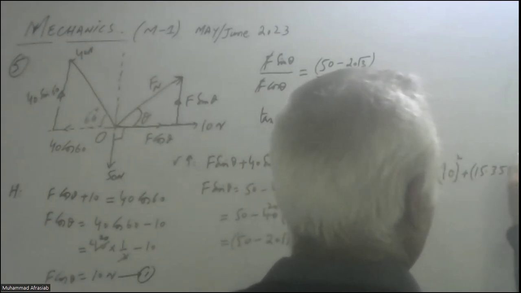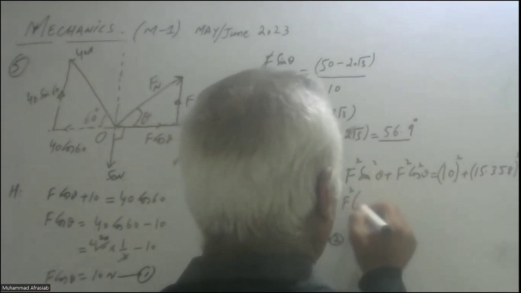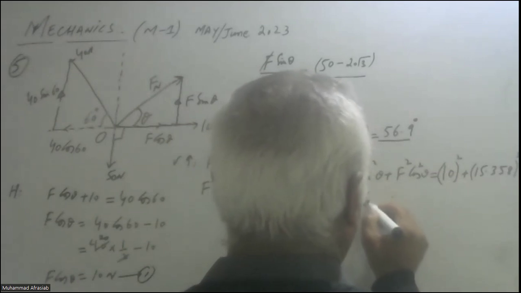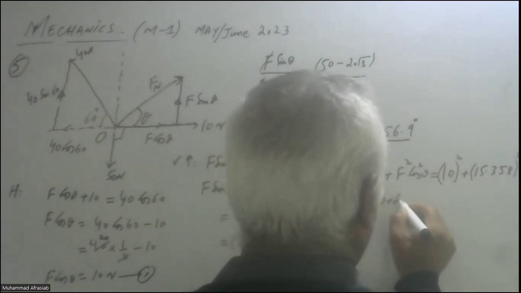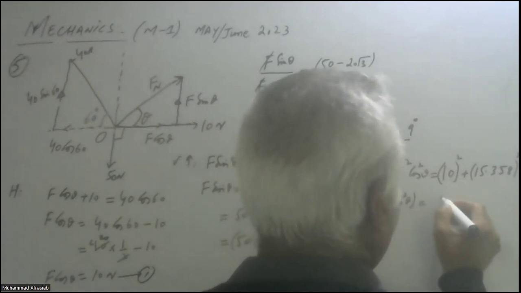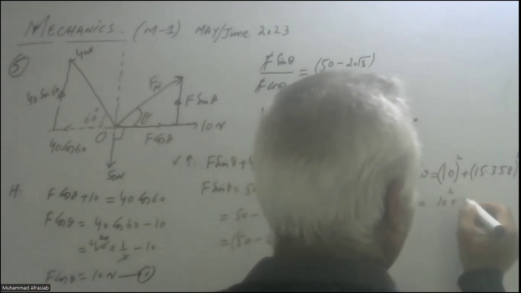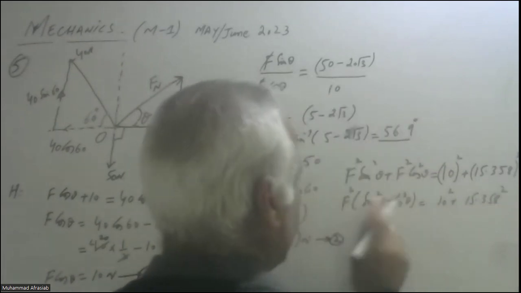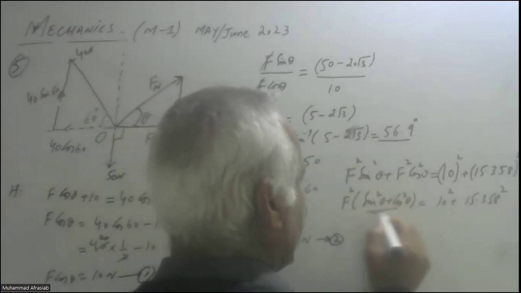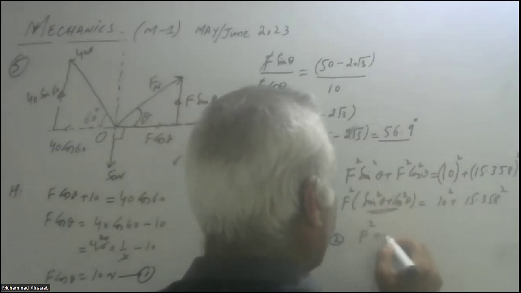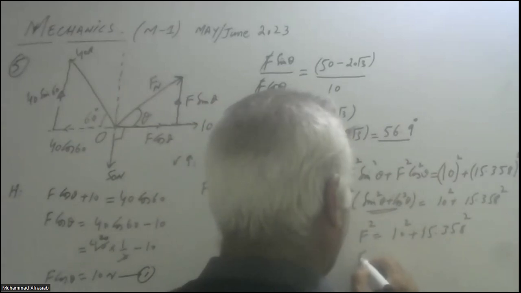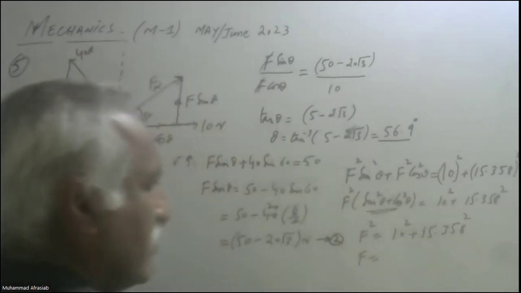Here F squared is common. Since sine squared theta plus cos squared theta is equal to 1, F squared is equal to 10 squared plus 15.358 squared. Our F value will be equal to the square root of this value.